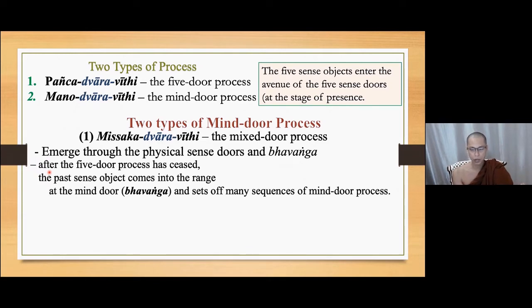For example, if we see something, then after the eye-door process, our mind-door process arises, and that mind-door process takes the same visible form, but it is past. And it comes to appear in the mind door. So it is not a separate mind door; just after the physical door process, the mind-door process arises.